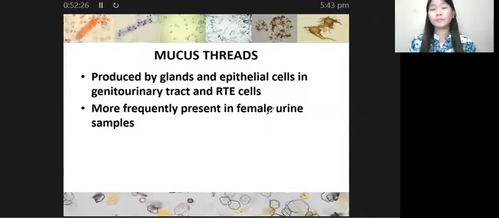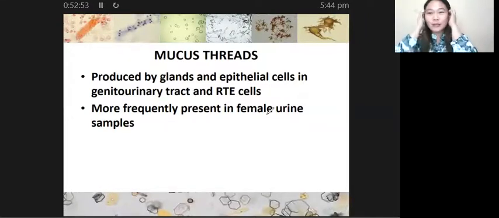Okay, so ayan. In practice po, most frequently present, theoretically, ang sinasabi ng mga libro natin, it is more frequently present in female urine samples. Okay, however, in practice, mas nakikita siya sa males.